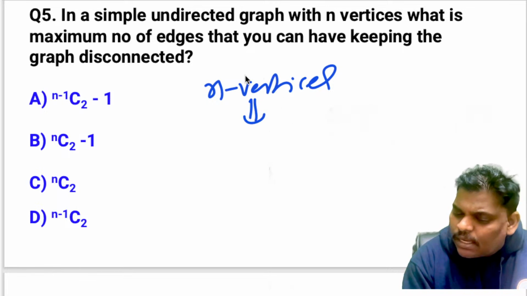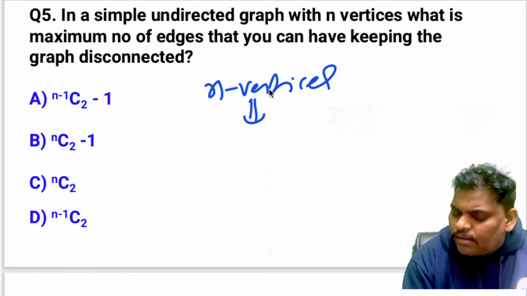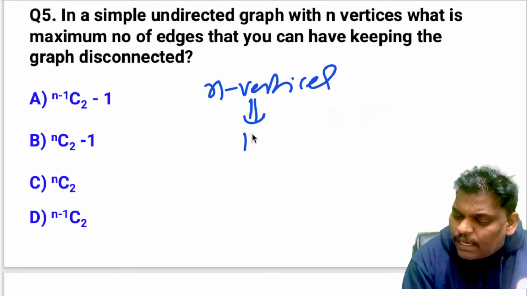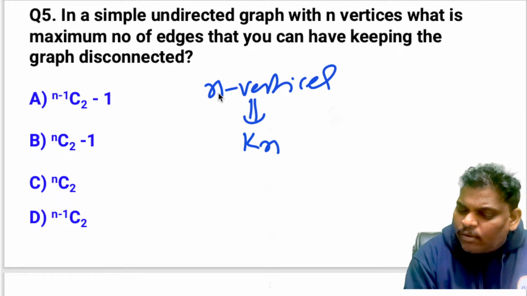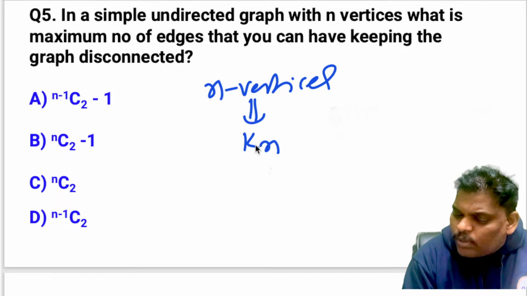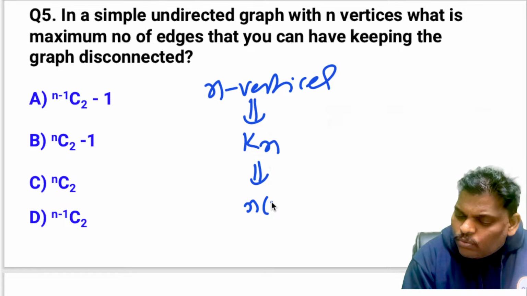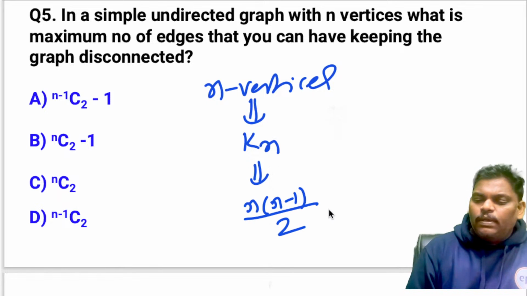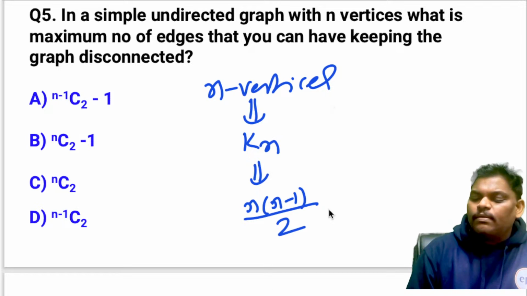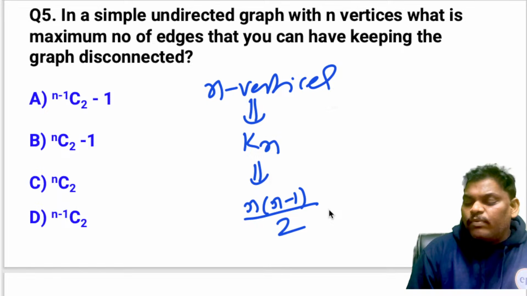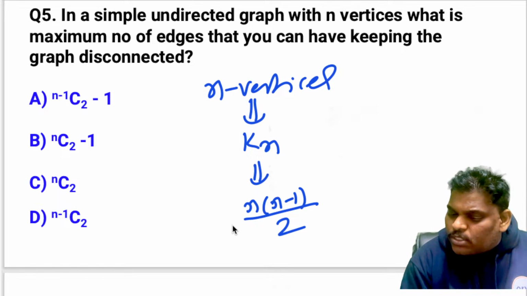The maximum number of edges is present in Kn. Kn contains n into n minus 1 by 2 edges.